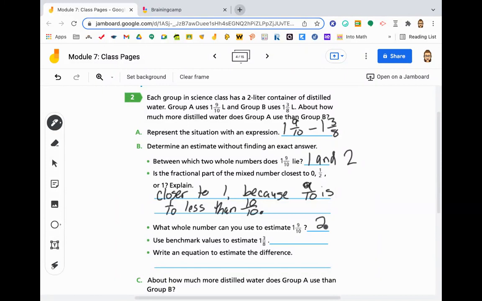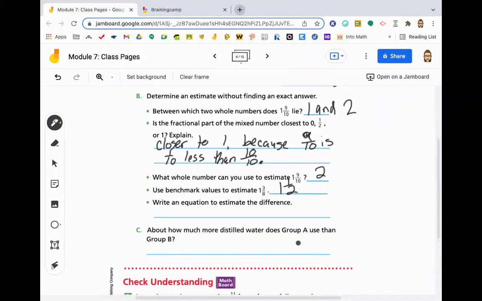And it says use benchmark values to estimate 1 3/8. Well, it's going to be between the 1 and the 2, and 3/8 is 1/8 away from 4/8, which is half of 8/8. So we would have 1 1/2. So now write an equation to estimate the difference.